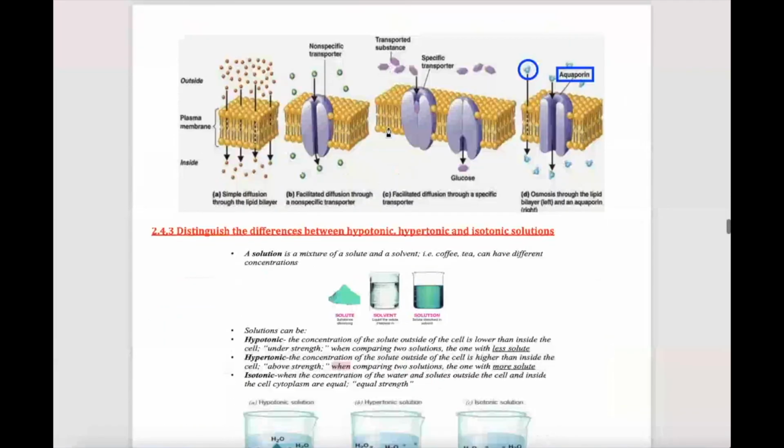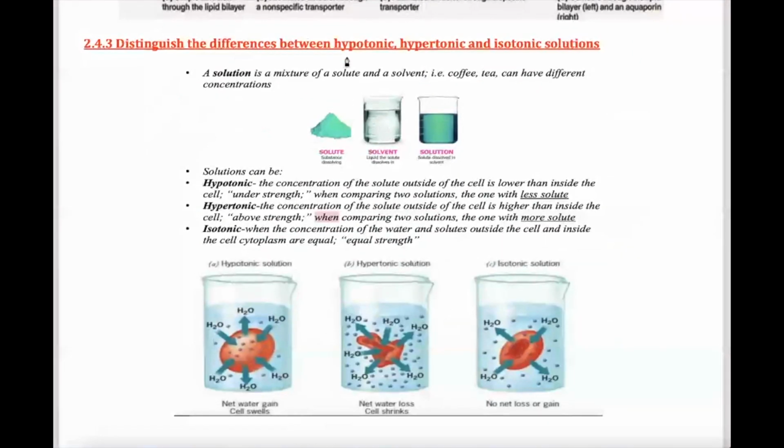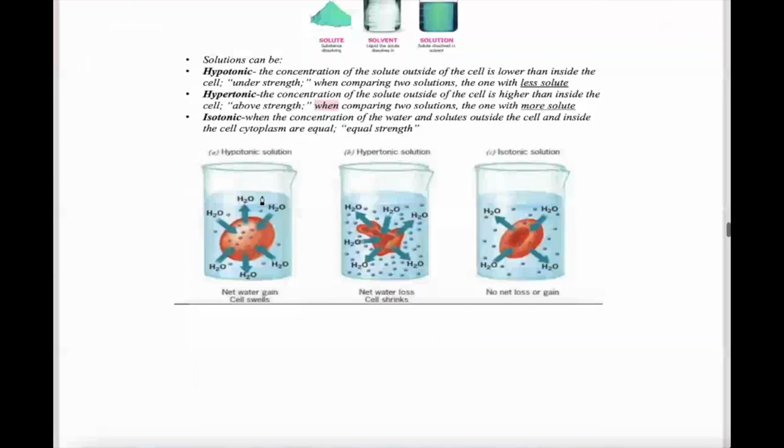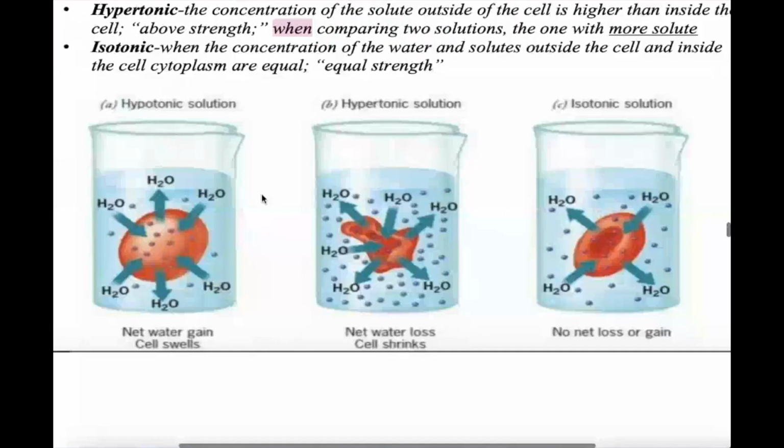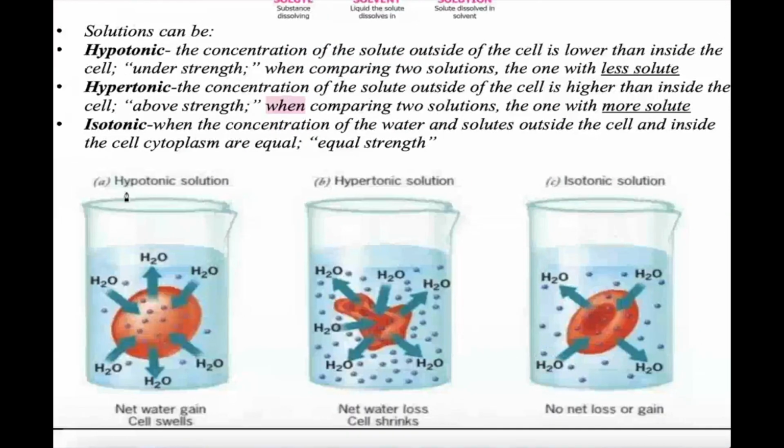Okay, fine. We now have to distinguish between hypotonic, hypertonic, and isotonic solution. Let's focus on this picture and also keep the definitions on the top. First of all, tell me the meaning of hypo.